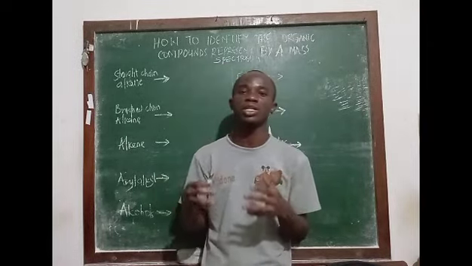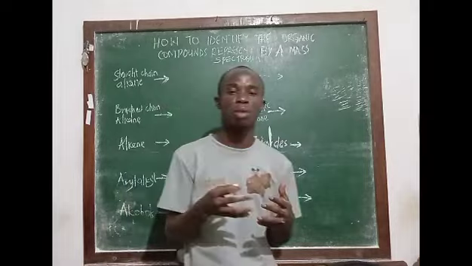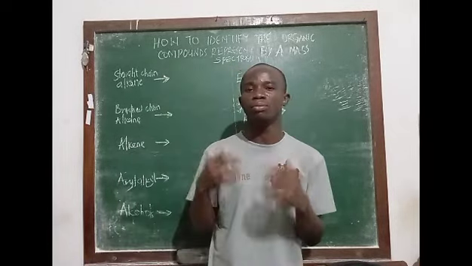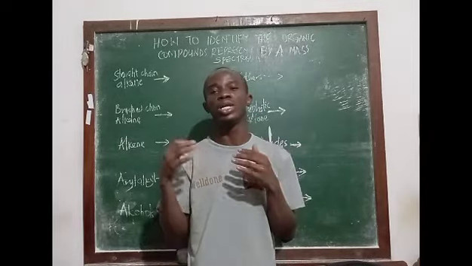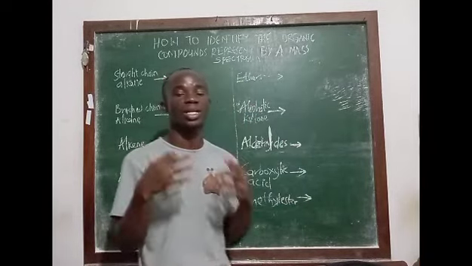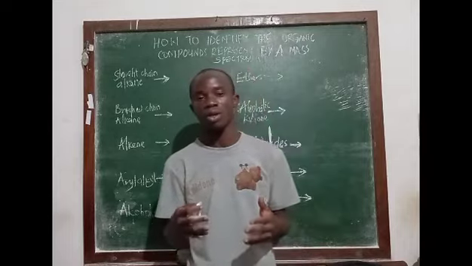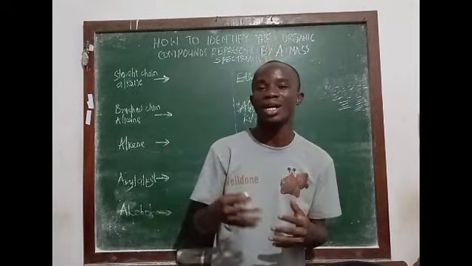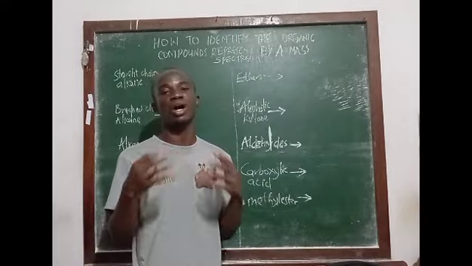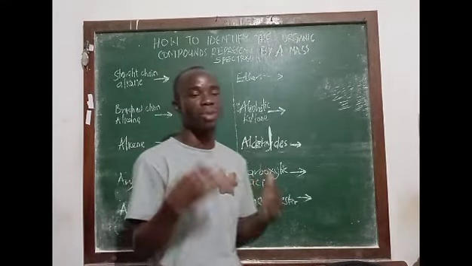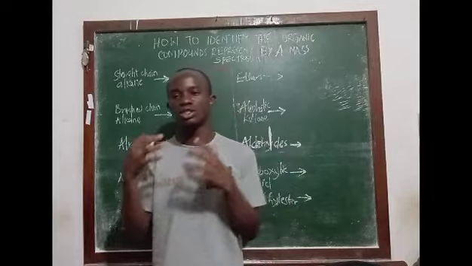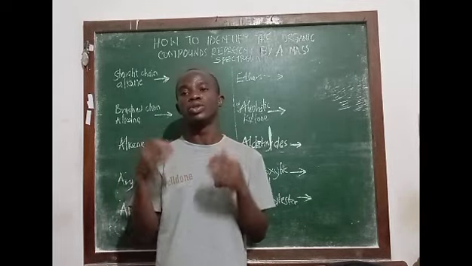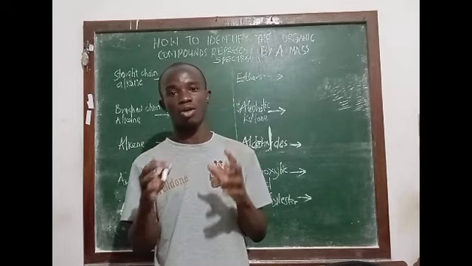Some of these fragments will be cations, some will be neutral molecules, and some will be radical cations. But the mass spectrometer can only detect fragments that carry a positive charge. So if any fragment is formed during mass spectrometry and it doesn't carry a positive charge, the mass spectrum will not produce a signal for it.